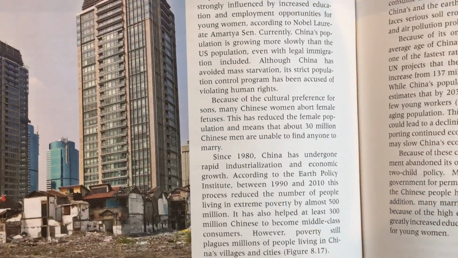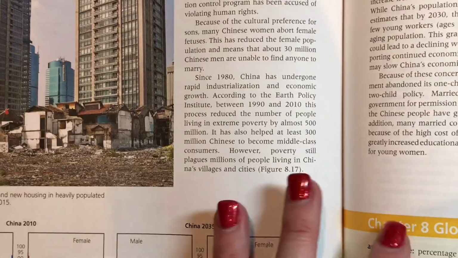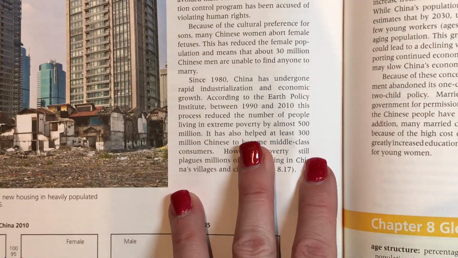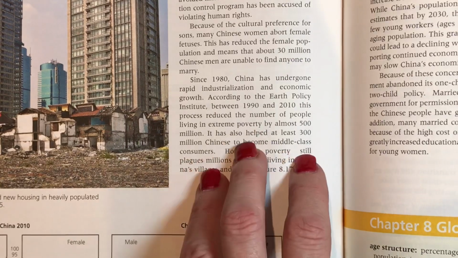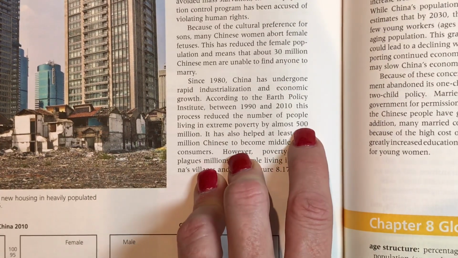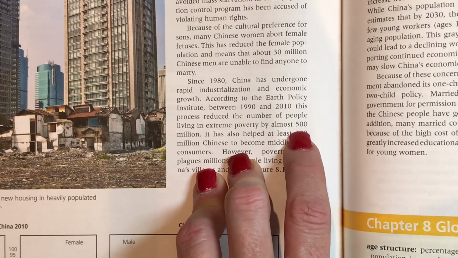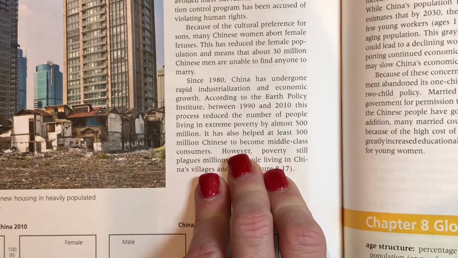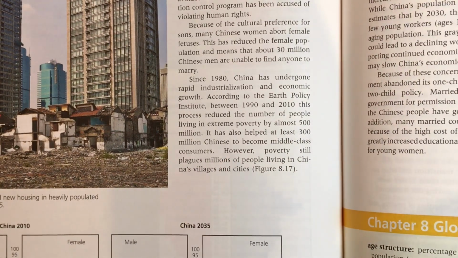So please make sure that you read all of that. And do realize again that although there are some places in China that have undergone rapid industrialization and economic growth, almost 500 million people are living in poverty. To put a button on that, there are maybe 350 million people in the United States entirely. So yeah, a lot of folks living without a lot of stuff.